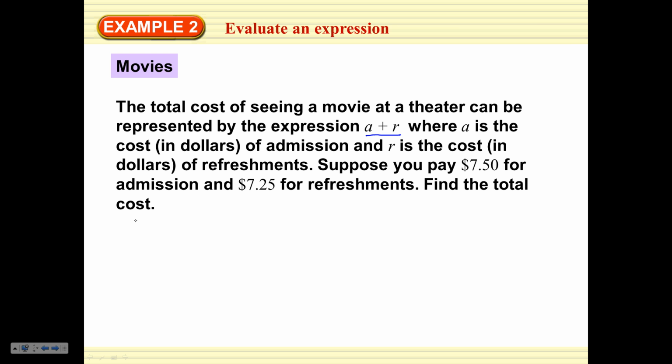Find the total cost. Okay, so we have our expression. We have what A equals, the cost of admission. We have what R equals, the cost of refreshments. So we know what our costs are. We know what our substitutions are going to be into that expression. So let's go through this.